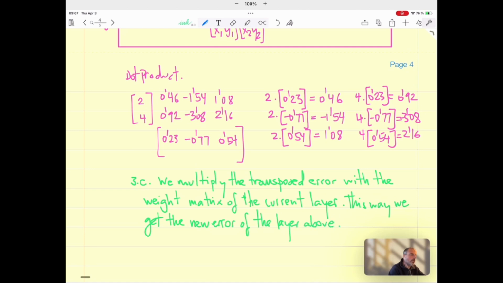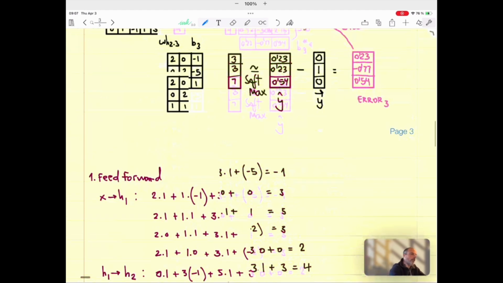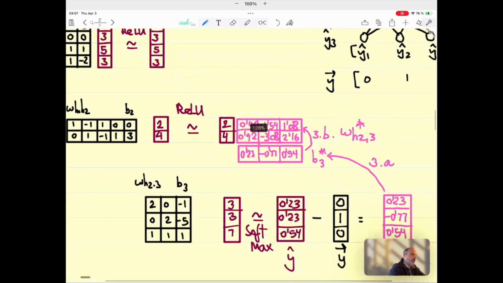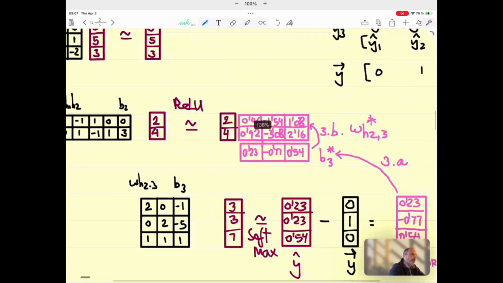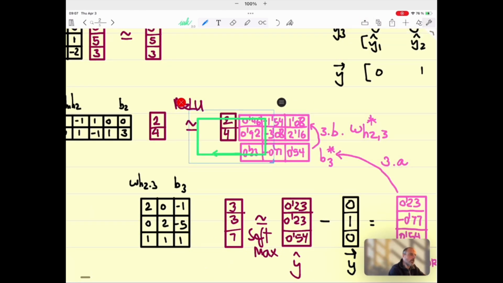So, in order to do so, we take the bias, the new bias, B3 star, and we multiply it by our weight matrix.